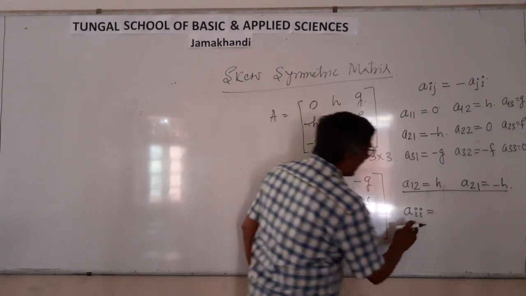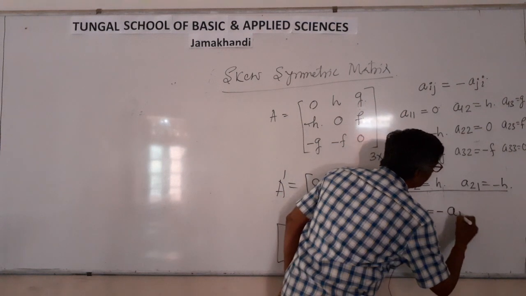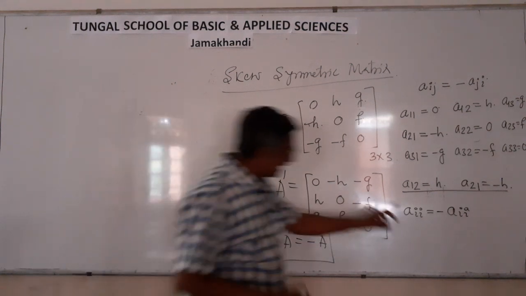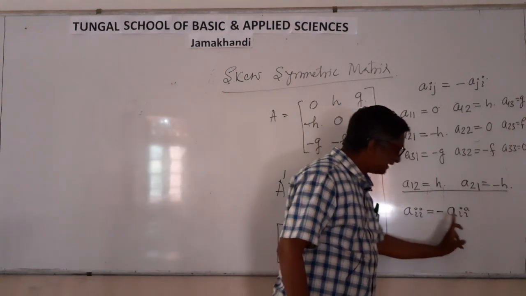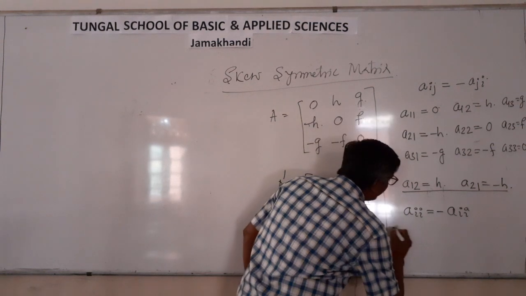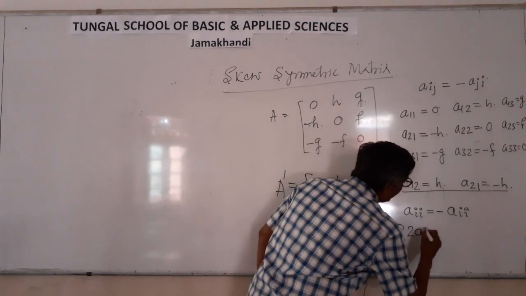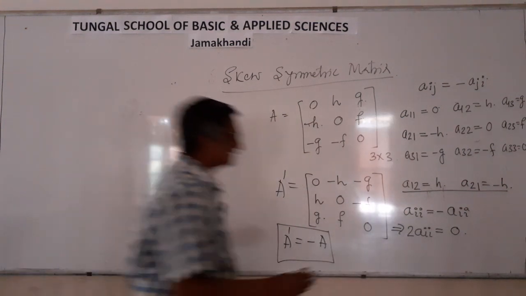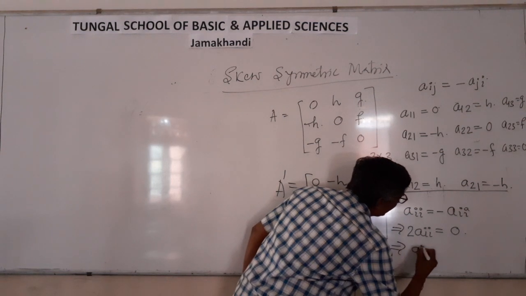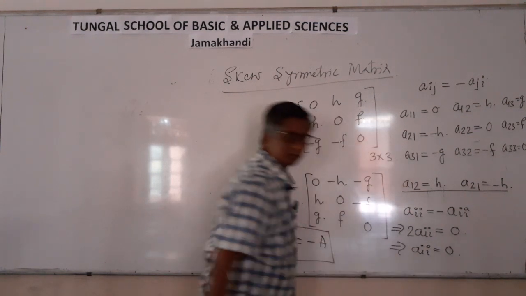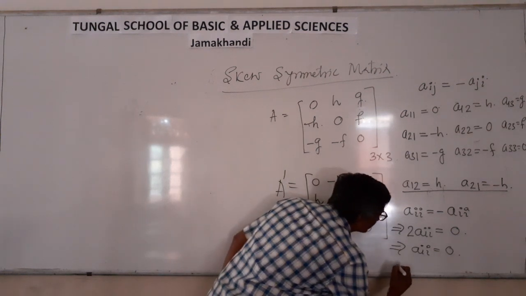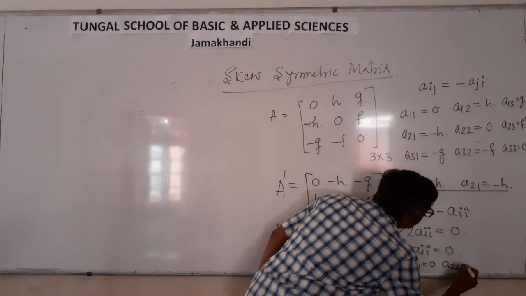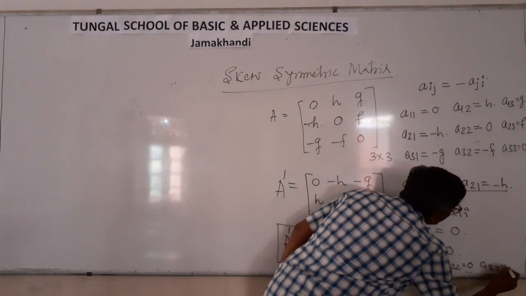Is it right? Aii must be equal to minus Aii. This implies 2Aii is equal to 0. This implies Aii equal to 0. That's why A11, A22, A33 are 0.